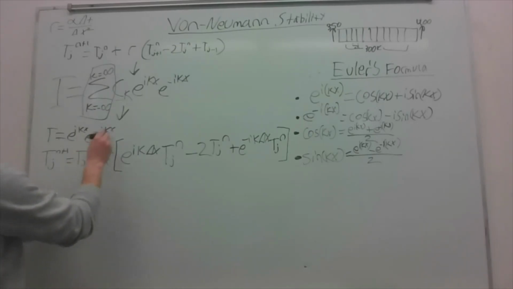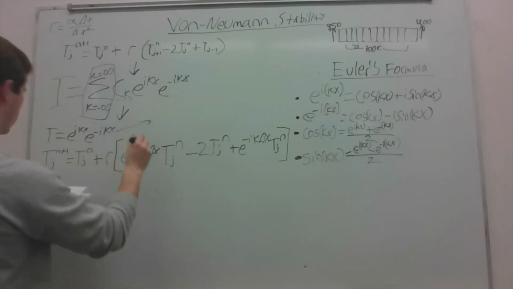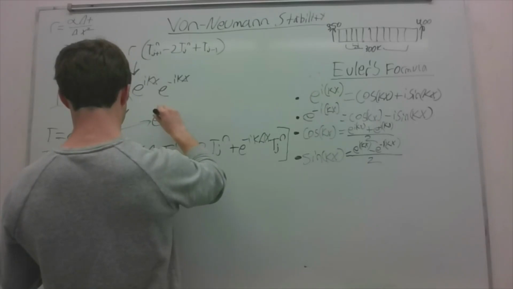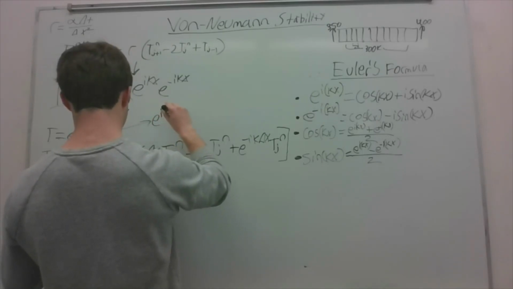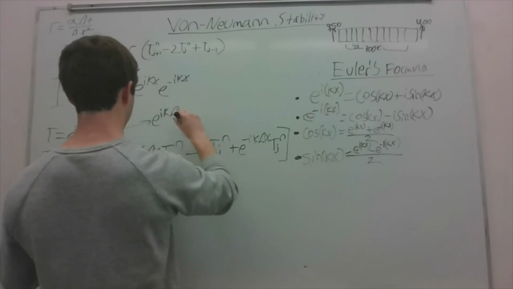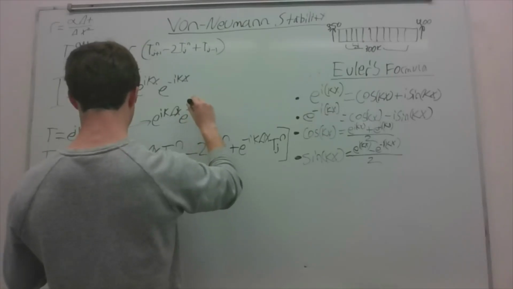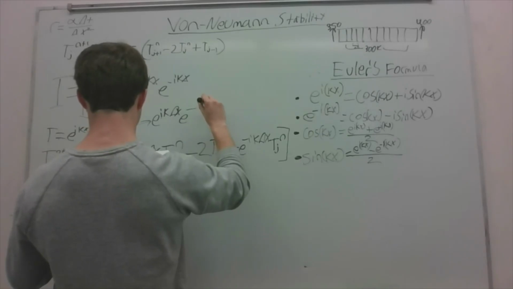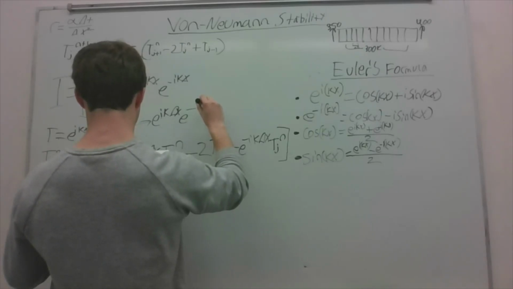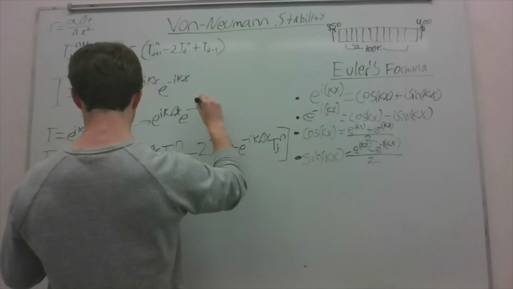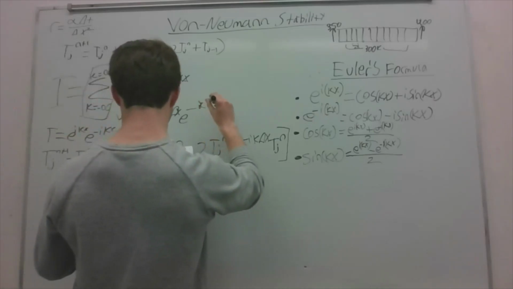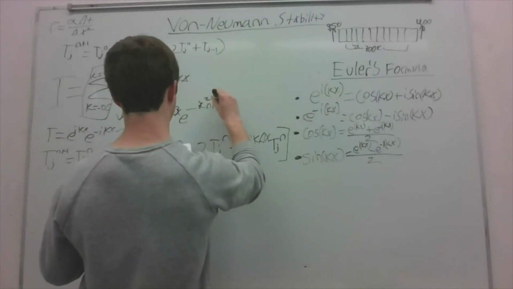This is also going to be equivalent to the following: e to the I k delta x, e to the negative I k, okay, perfect, k squared and delta t.